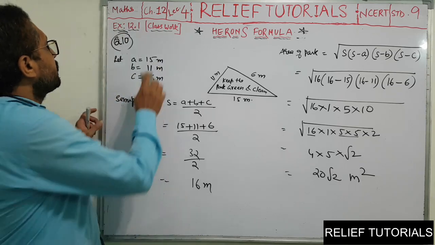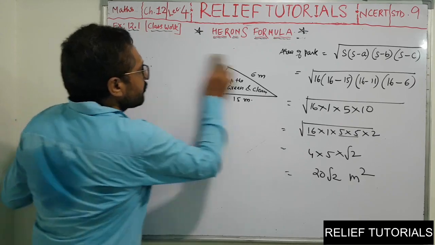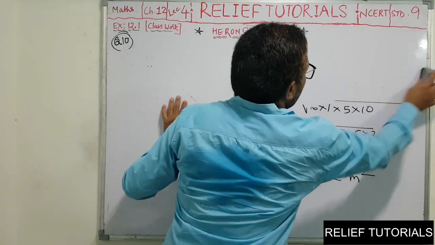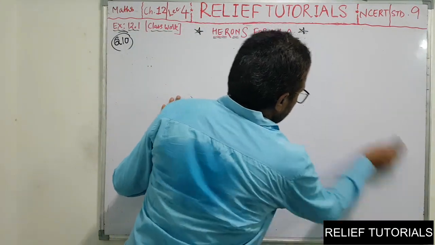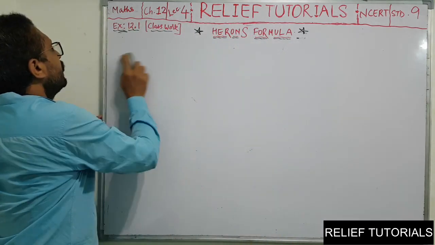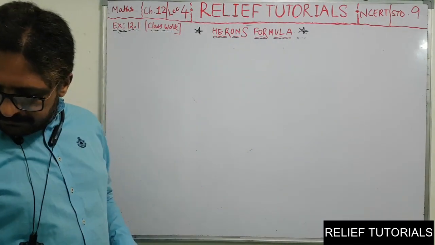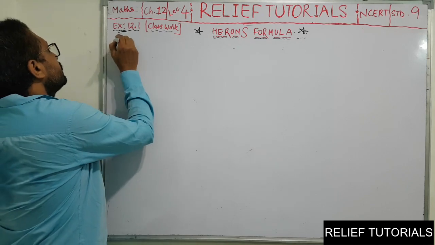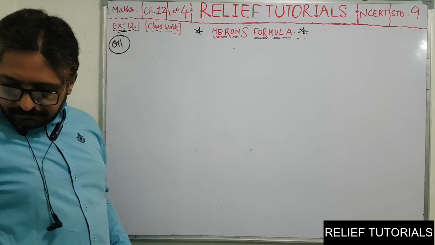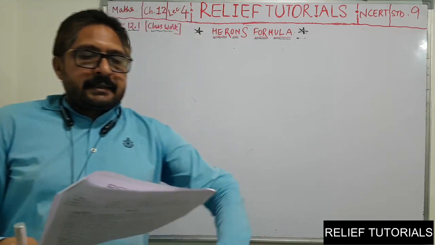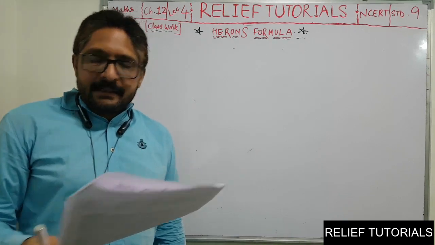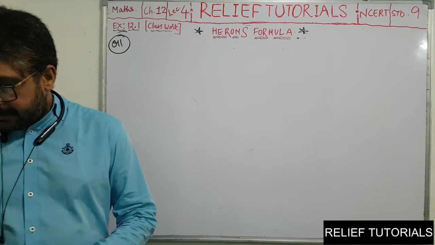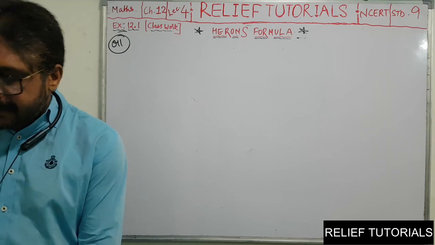Now we'll do your problem number 11. Question 11. See, a triangle and a parallelogram have the same base and same area. So there is a triangle and there is a parallelogram having the same base.